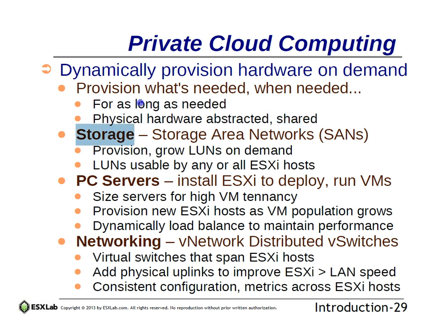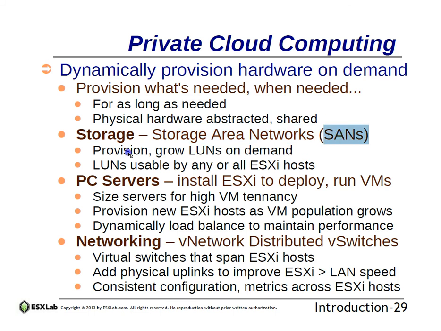So storage was the first cloud service, if you will. And I don't mean cloud services like Box or Amazon. I mean the ability to consolidate hardware and then make it available to multiple machines. So storage area networks have been around for about 25 years. And the idea is instead of provisioning storage individually on individual servers, I provision storage centrally on my storage appliance.